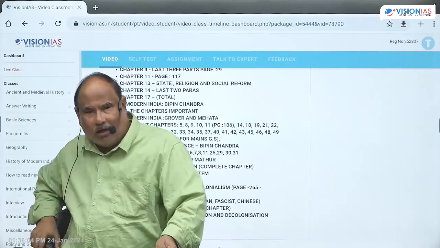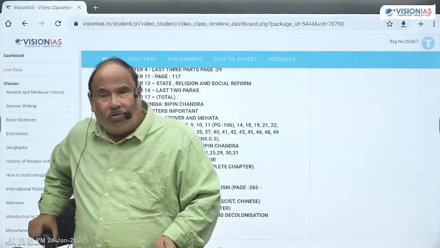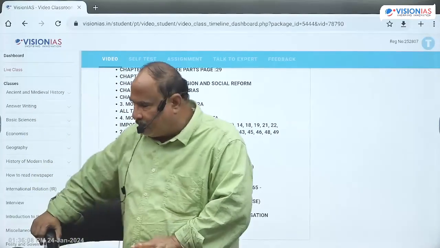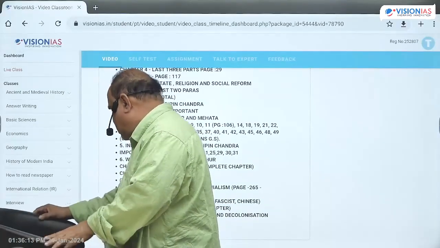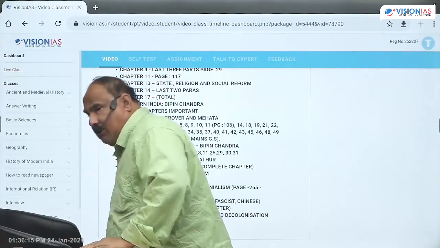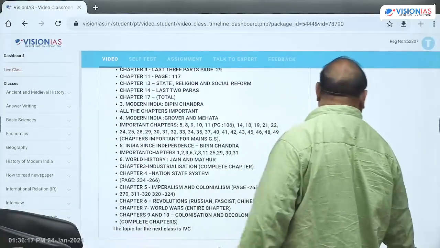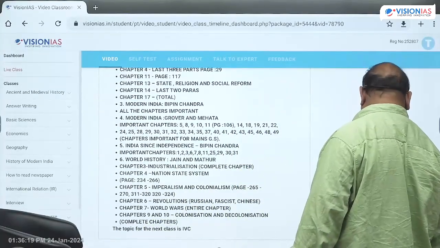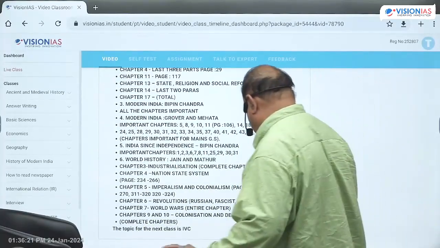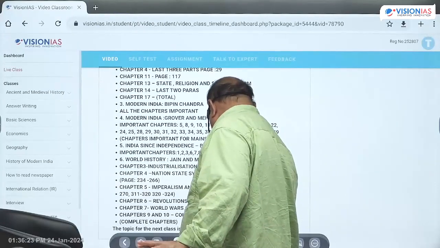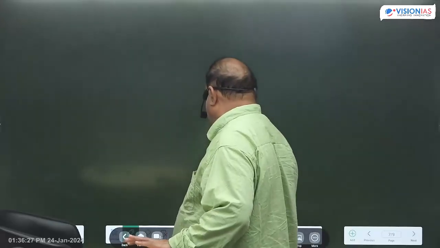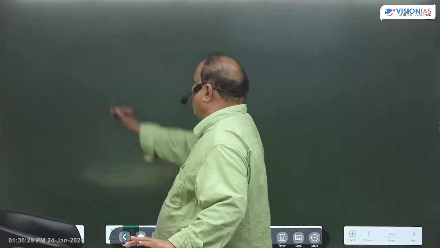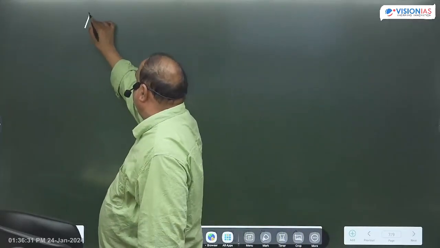Now come to pre-Harappan, proto-Harappan, Harappan and post-Harappan. I told you there are 4 different stages in the evolution of IVC. The first stage is pre-Harappan.